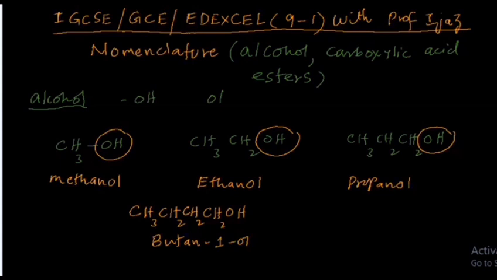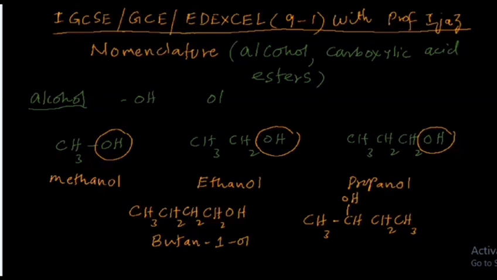Just think that if you shift the position of OH to the second carbon, now this is CH3, then CH, then CH2, and then CH3. Now, if you have this type of formula, because you have changed the position of the OH group, you have shifted the OH to the second carbon.